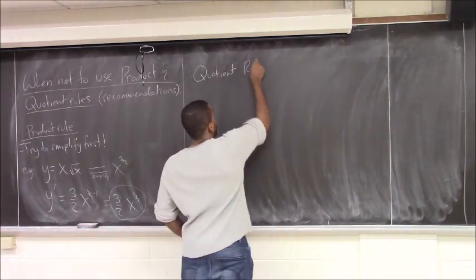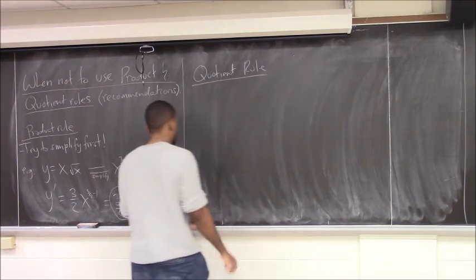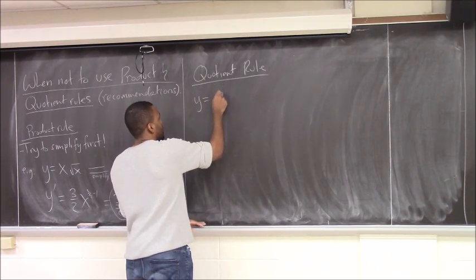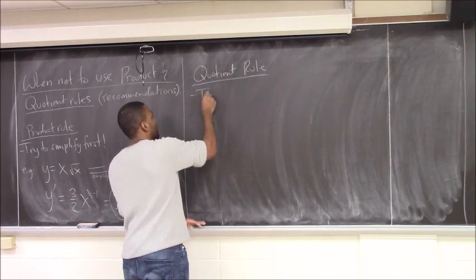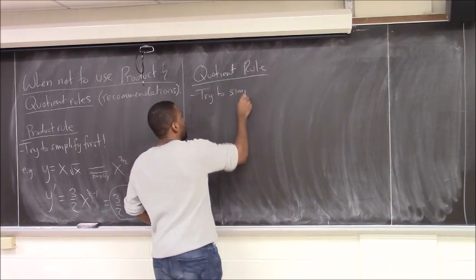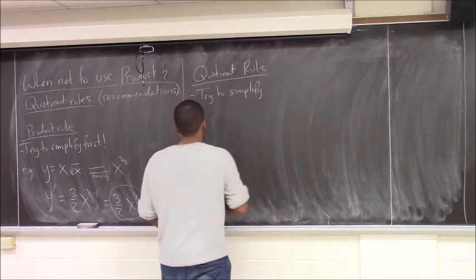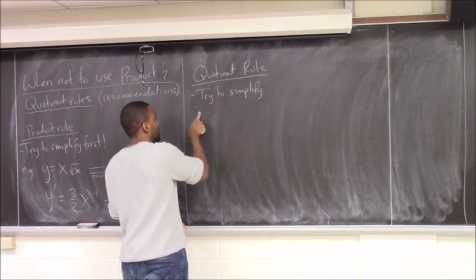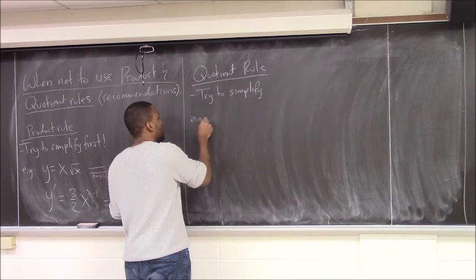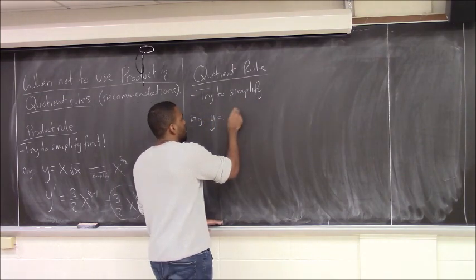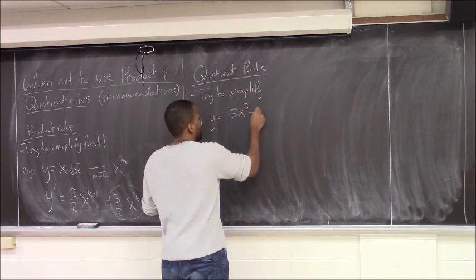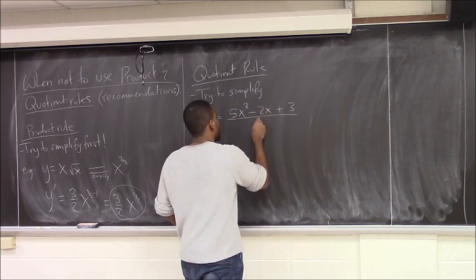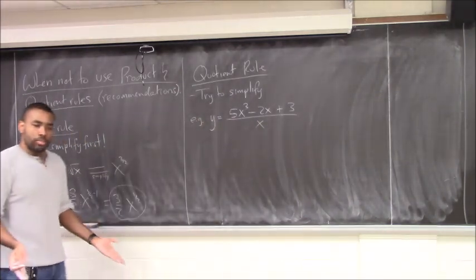If you look at the quotient rule, so if you see something like this, like your y equals, so again, try to simplify. An example of that is if your y equals something like 5x cubed minus 2x plus 3 all over x. This is a division.